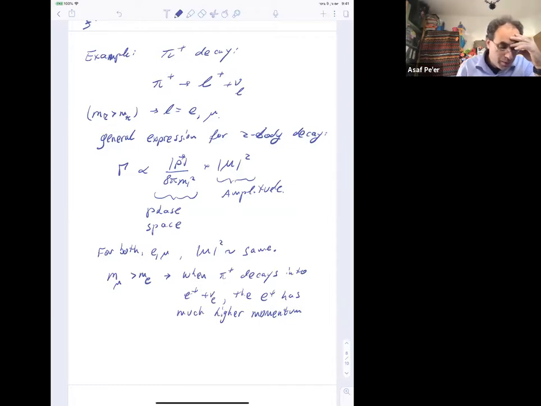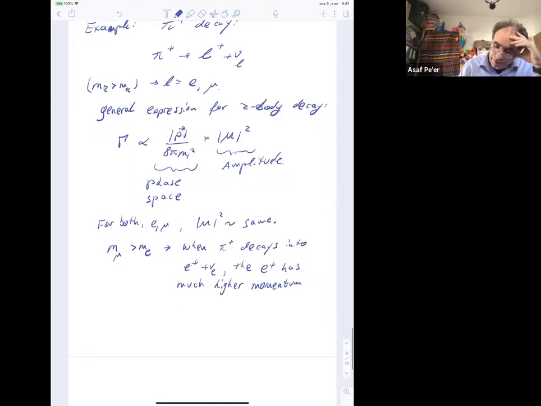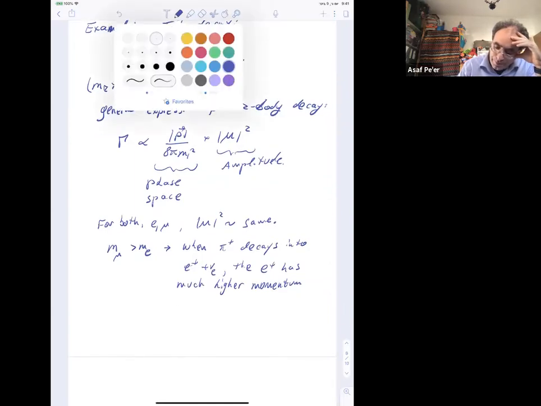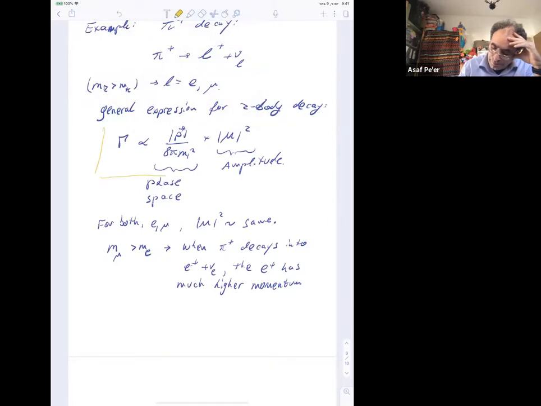Naively, when you look at this formula, one could expect that you get many more electrons than muons, because the phase space is much larger.